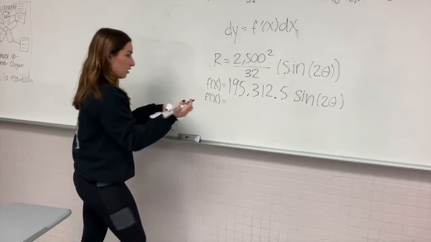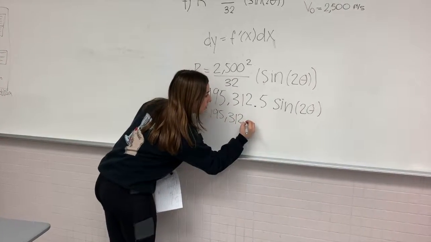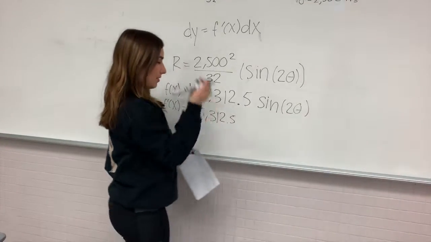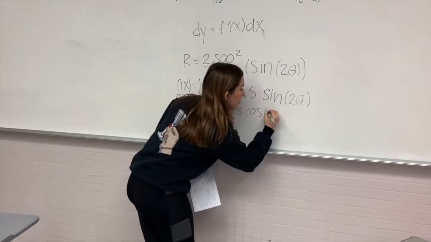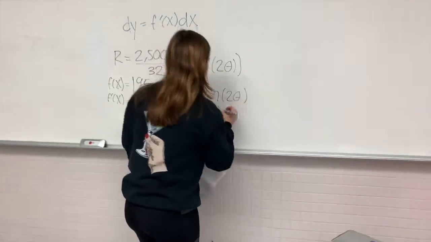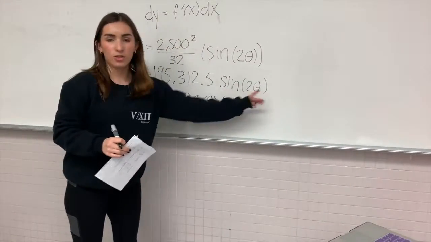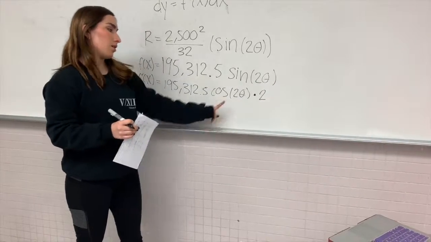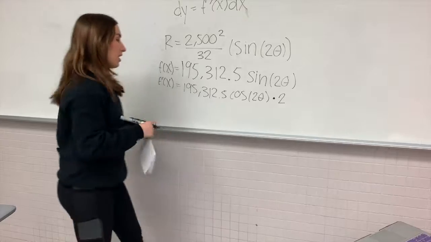So you would have this original number of the equation times cosine of u, which is 2 theta, times u prime of your trigonometric function, which will be 2, because the derivative of 2 theta will be 2.